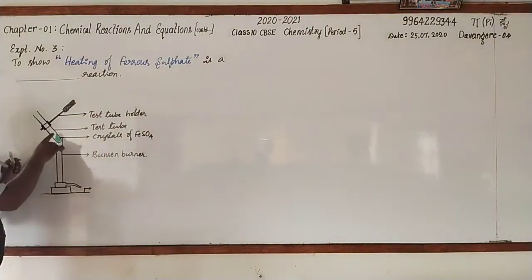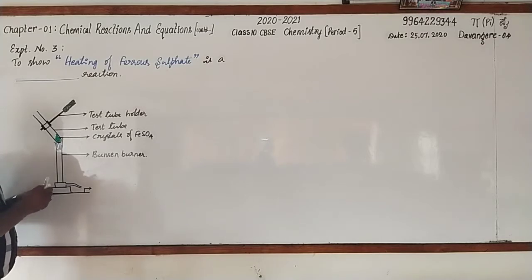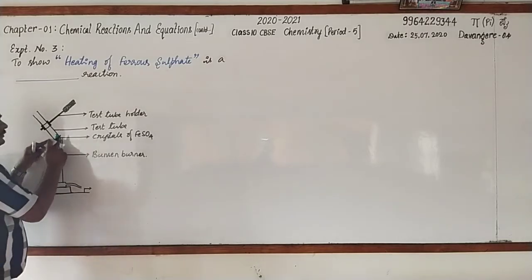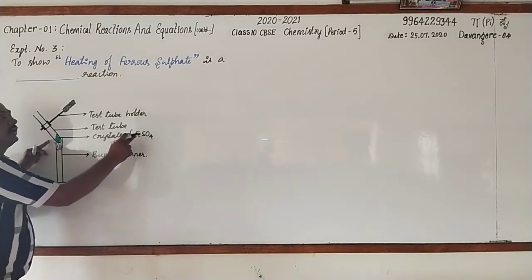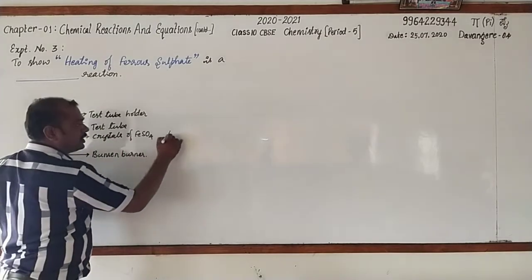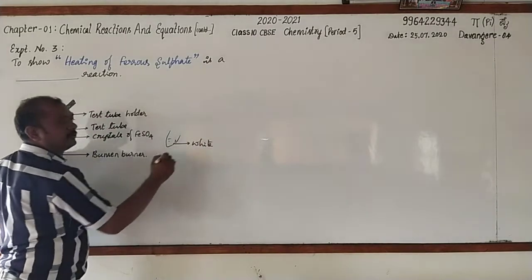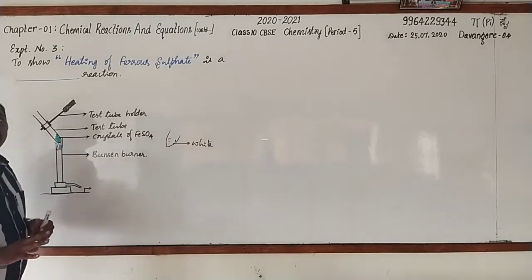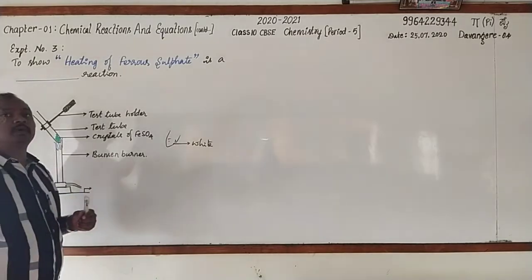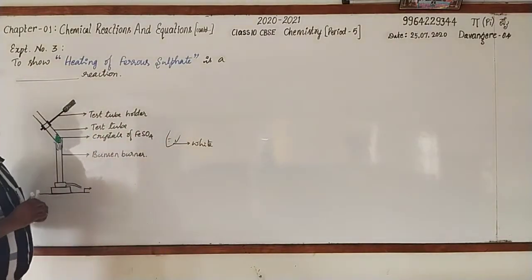When you keep on heating, you will come to know that the green color crystals of iron sulfate will start turning white. Do you know the reason? Because the water of crystallization is removed. Nothing but the water present in it gets removed. It will turn white.